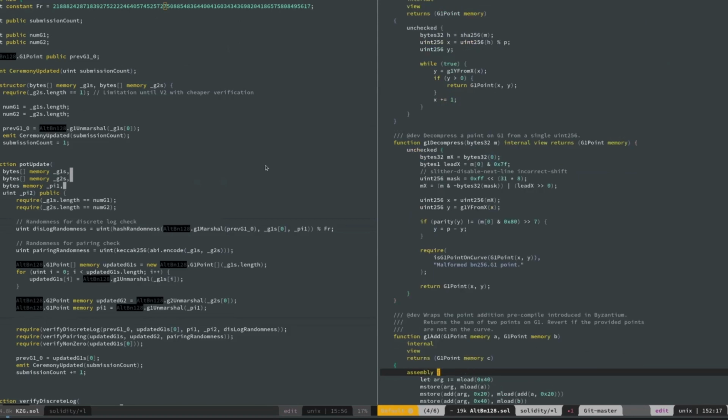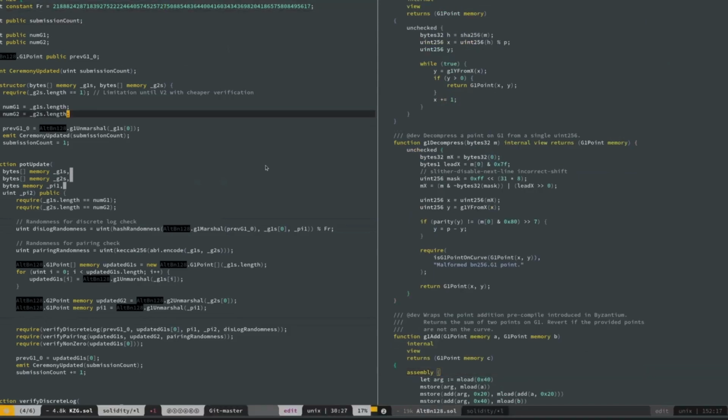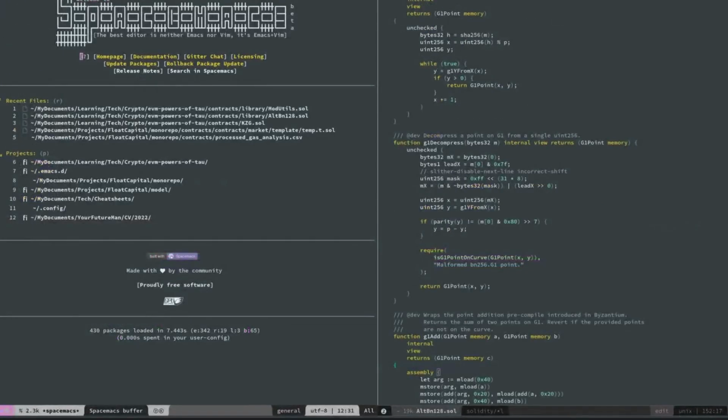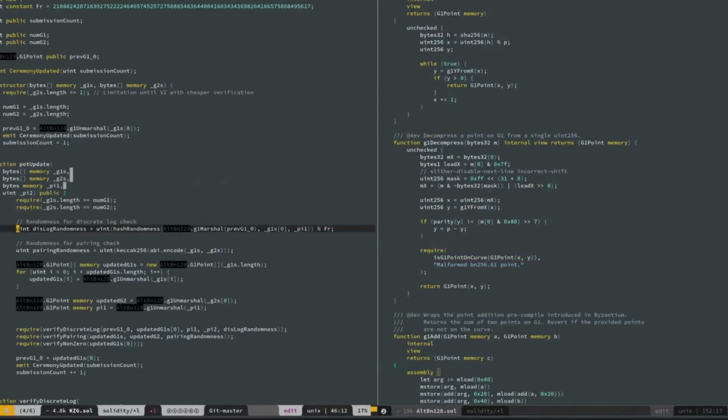No. Let's see. Let's go from, what editor are you using? Spacemax. Oh, cool. It's quite cool, but the lack of line numbers really confuses me. Oh, I can add that.